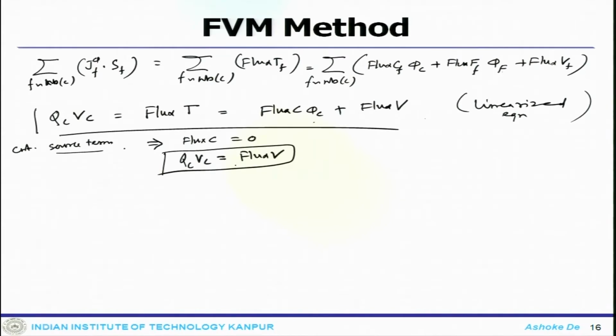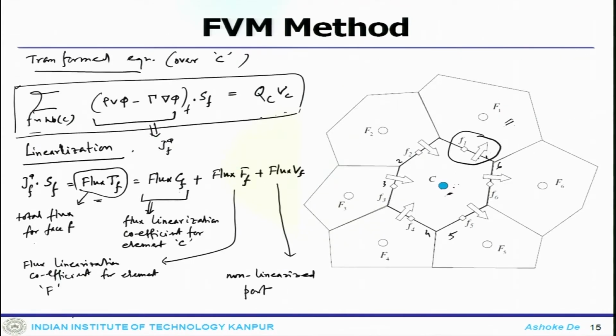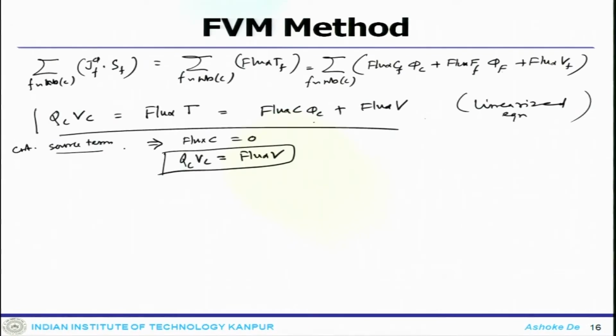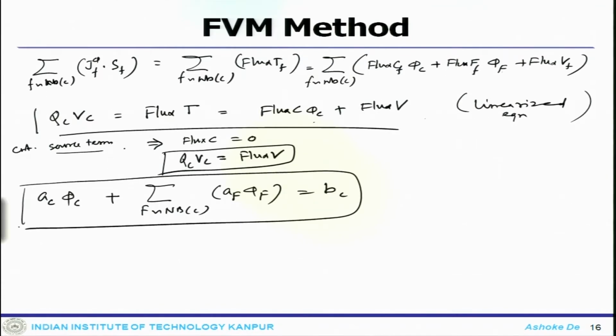Now, if you substitute everything back in this particular equation, you get phi c AC plus the summation of this integration AF phi f equals BC. Essentially, this expression and this expression, if you collect them together, you get this. And what does AC stand for here?